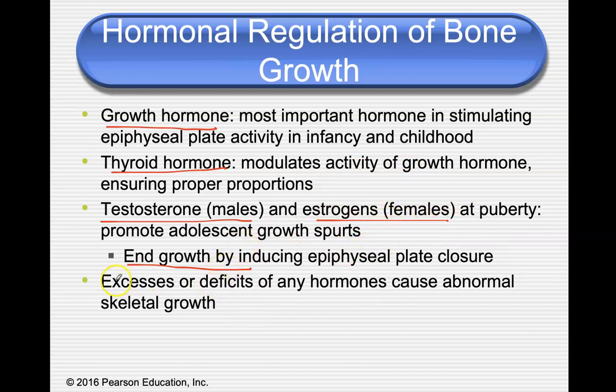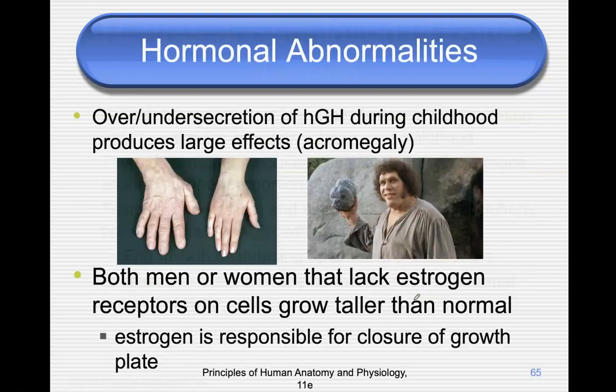That will really stimulate epiphyseal plate closure in females, so you can see why that would happen more rapidly at puberty for females than males. Excess or deficits of any of these hormones can cause abnormal skeletal growth. So let's talk about some of that.